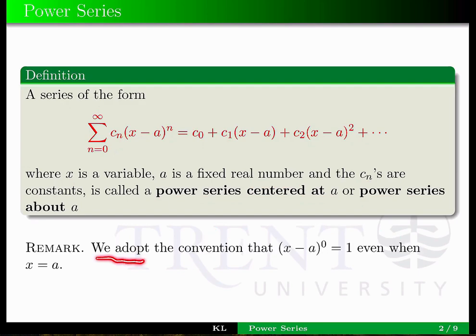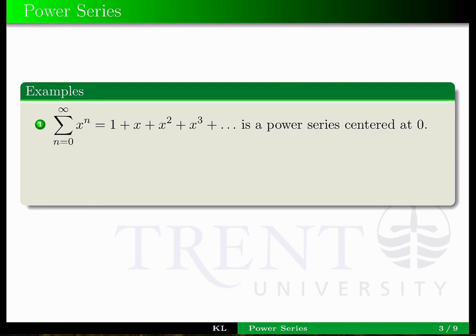Here we adopt the convention that (x minus a) to the power 0 is equal to 1, even when x is equal to a. Some examples of power series: we have the sum of x to the power n running from 0 to plus infinity. This is 1 plus x plus x squared plus x cubed plus so on and so forth. And this is a power series centered at 0.